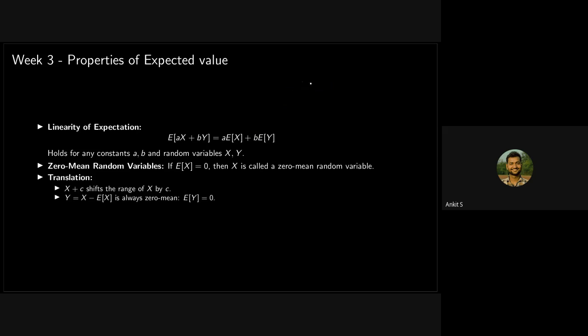I will give you an example. Suppose x is all the values that are taken when you throw a die, and y is the same as x. If I ask you what is the expected value of x plus y, what will you do?